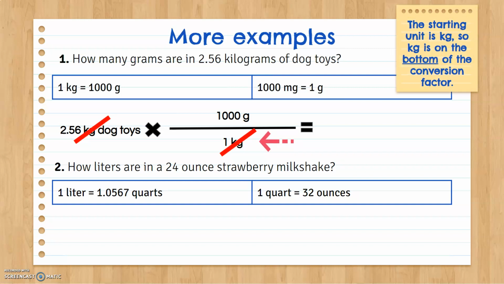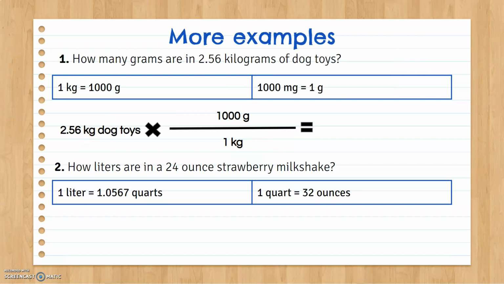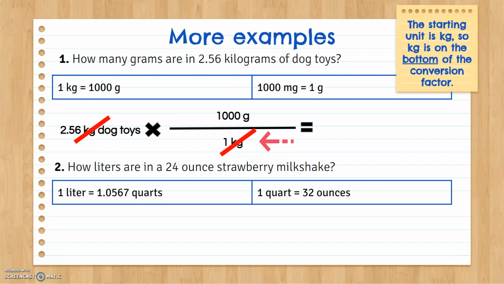The starting unit, kilograms, is on the bottom. That's really, really, really important. You should put a star by that in your notes. And so I'm going to cancel those kilograms. And then we're going to go ahead and do the math. And so the math here would be 2.56 times 1,000. And enter on your calculator, and you're going to get 2,560 grams of dog toys.